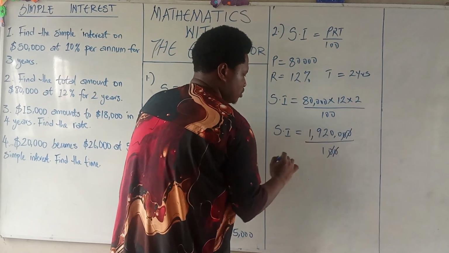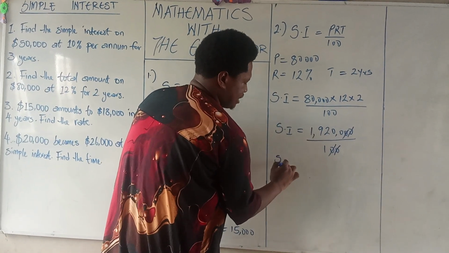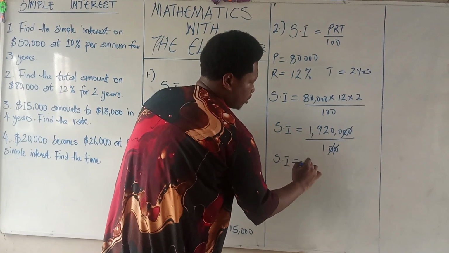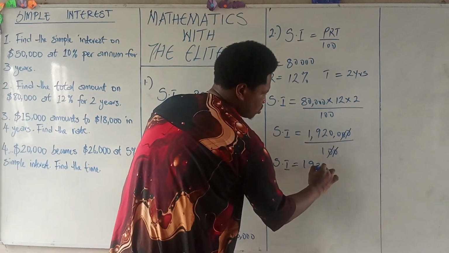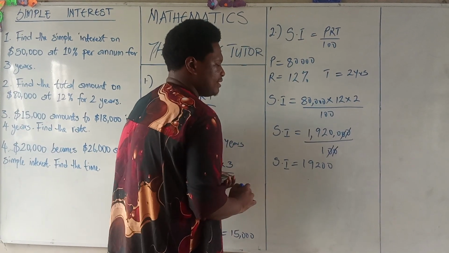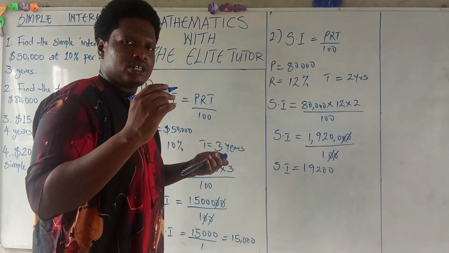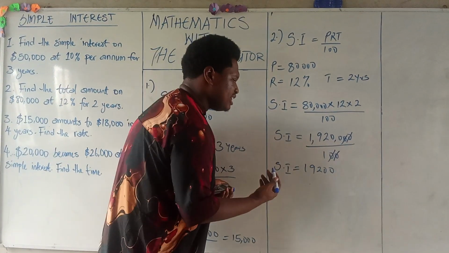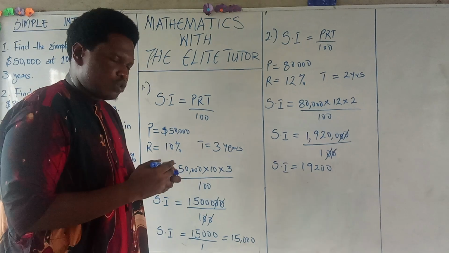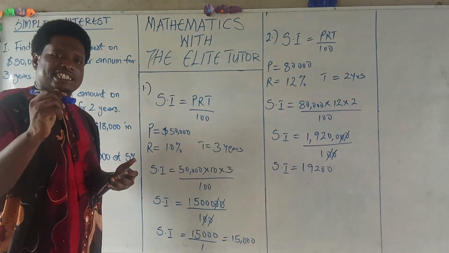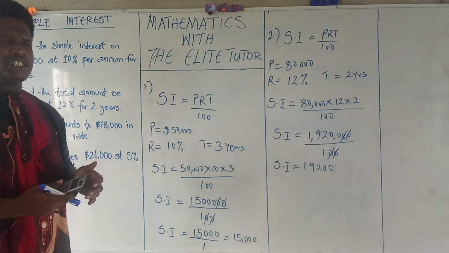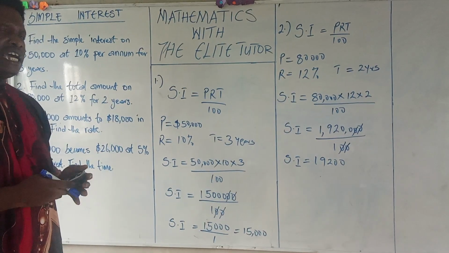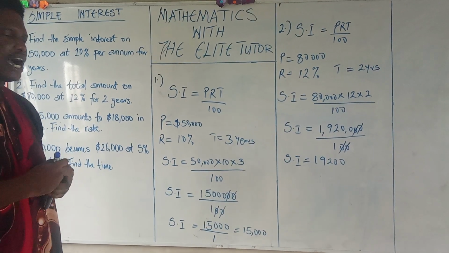Our simple interest will be equal to 19,200. So our simple interest is 19,200. Now we've been able to ascertain the simple interest, but the question is not asking for the simple interest. The question is asking for the total amount.